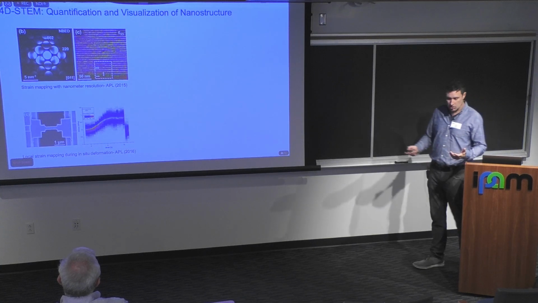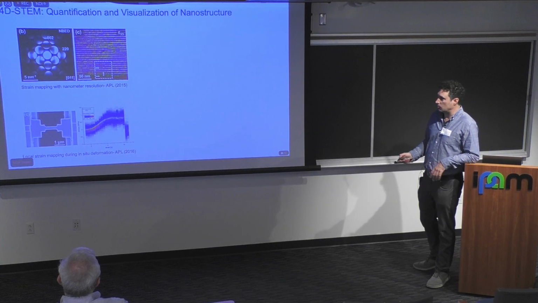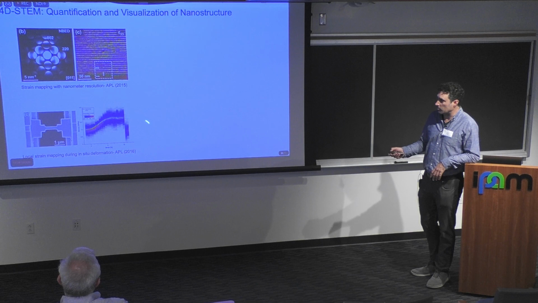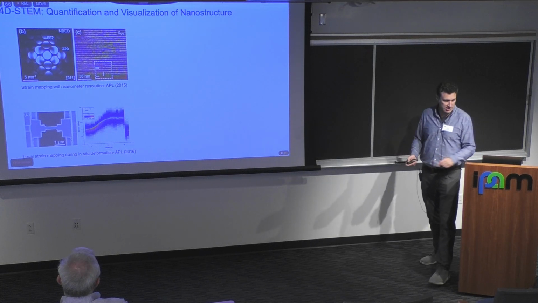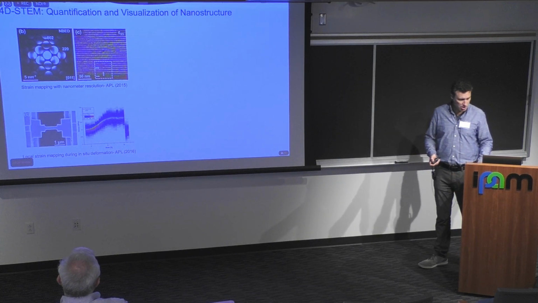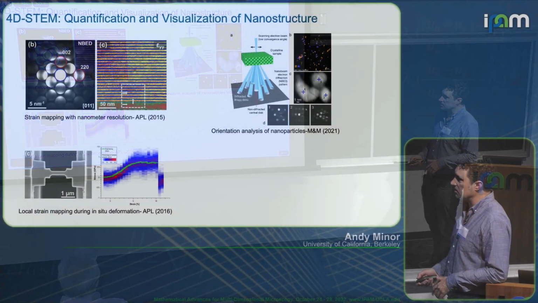So you can also do this in situ. We've done this while deforming a sample inside the microscope, and so you can get a stress strain curve and also relate the variation in strains and stresses across a gauge section of the sample with 4D STEM. You can use it for statistics.